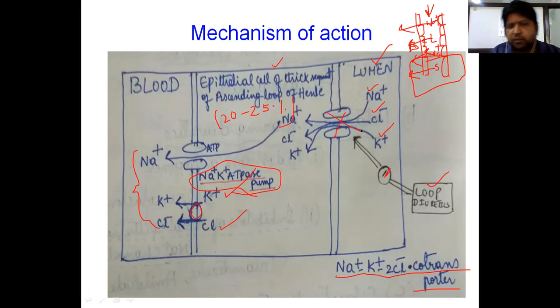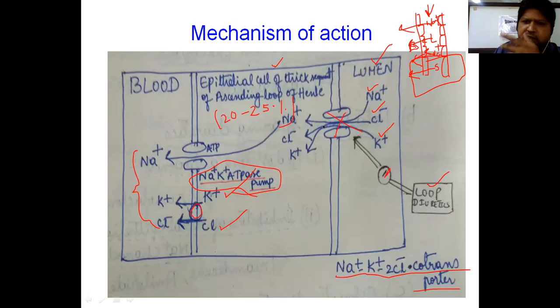The pump responsible for the reabsorption of sodium, potassium and chloride, called the sodium potassium chloride co-transporter or symporter, will be blocked by loop diuretics. Sodium, potassium and chloride will not be allowed to enter the epithelial cell, and further it will not be reabsorbed. So this is the mechanism of action of loop diuretics. I hope you got it.